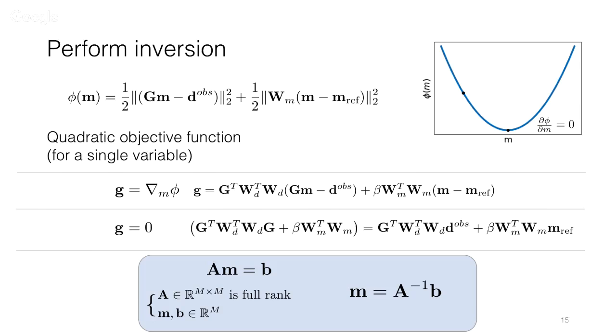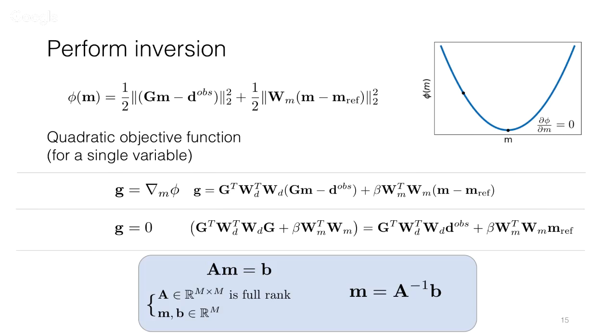That's really easy, right? We just take this, make it equal to 0, and then on the left side we've got this quantity, which is multiplied by m, equal to this over here. So we've got a matrix and a vector system.